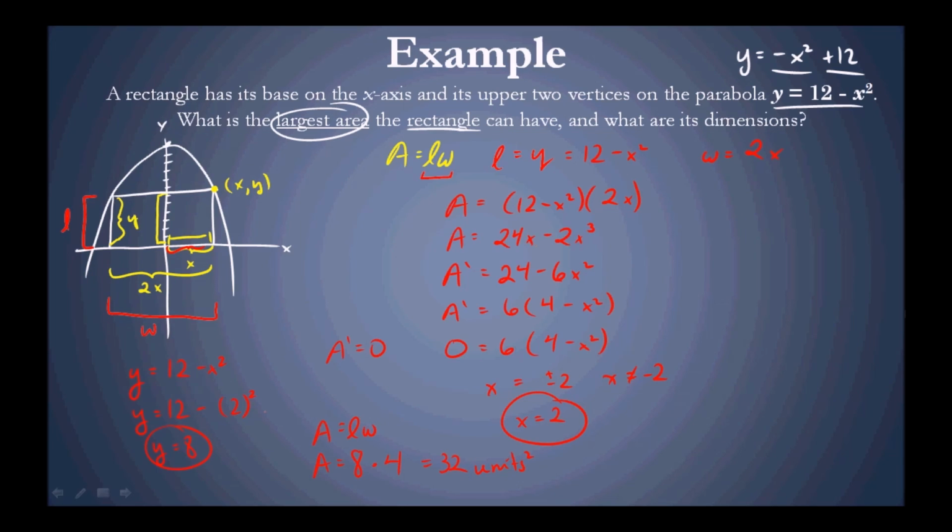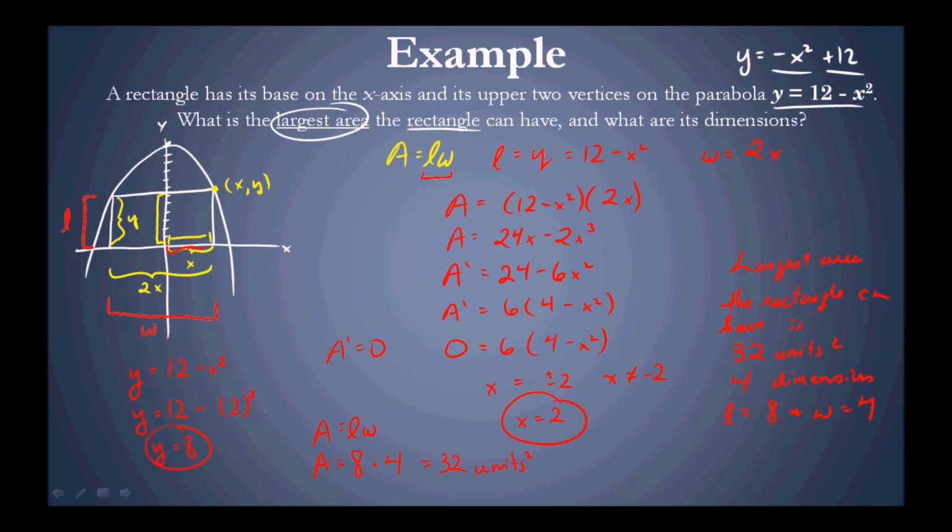So to finalize our answer, we say the largest area the rectangle can have is 32 units squared, with dimensions length equals 8 and width equals 4.